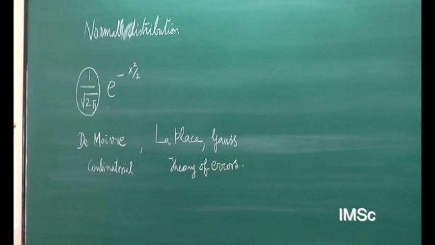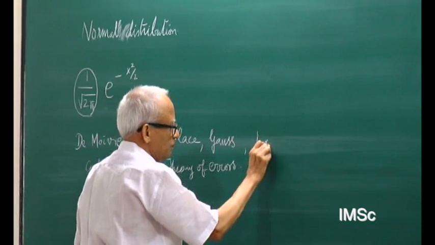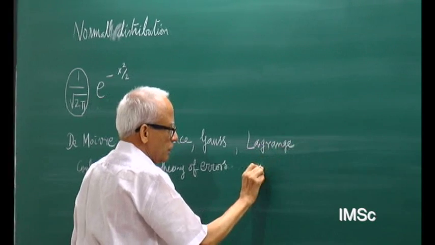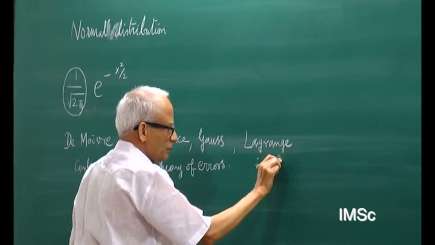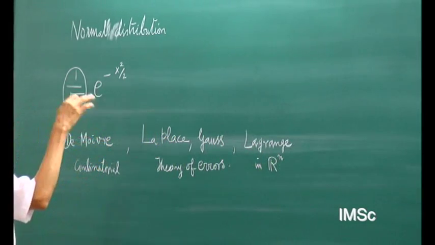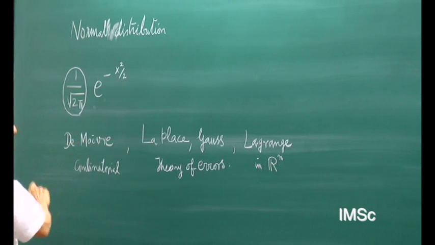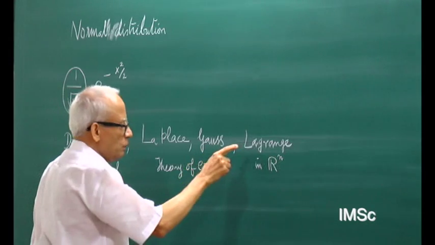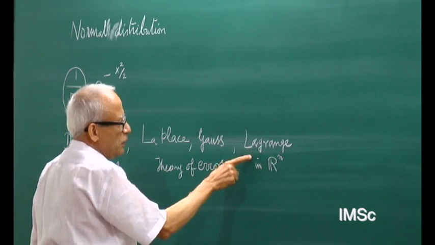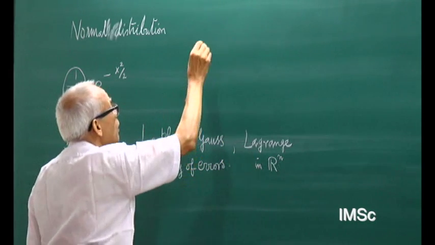Then in Rn, the normal distribution was first introduced by Lagrange. He analyzed De Moivre's problem, used it for the binomial distribution, and tried to generalize the argument for the multinomial distribution and arrived at the normal distribution in Rn.